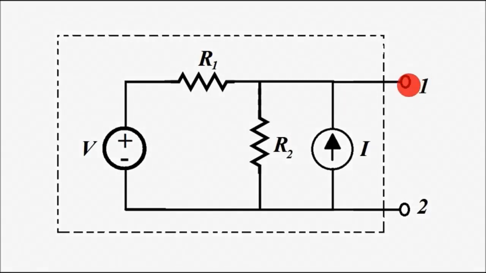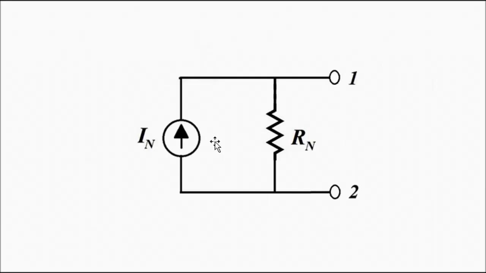We want to find the Norton equivalent circuit across these two terminals. According to Norton's theorem, we can convert this circuit into a simple form, that is, a current source in parallel with the equivalent resistance, the Norton equivalent resistance. In Thevenin's theorem, it was the Thevenin voltage in series with the Thevenin equivalent resistance. Here we have the Norton current in parallel with the Norton equivalent resistance.